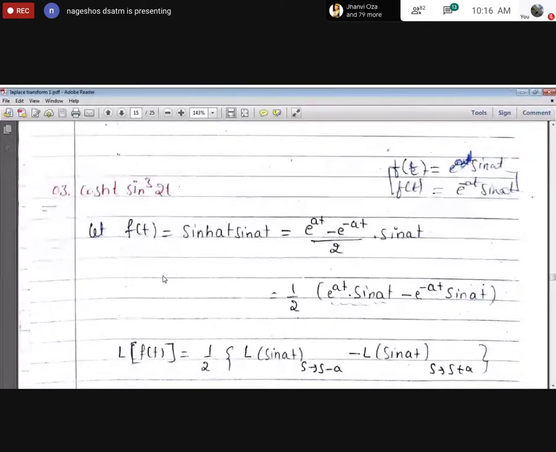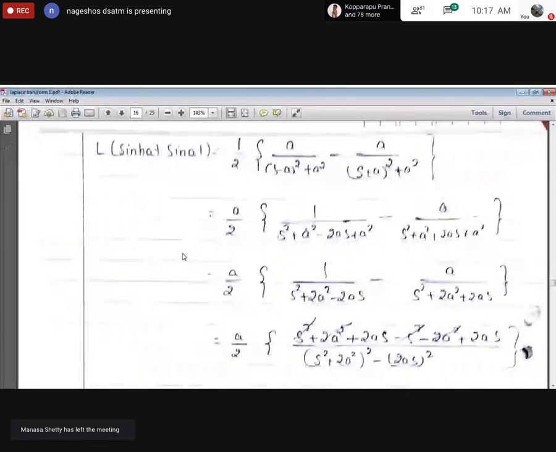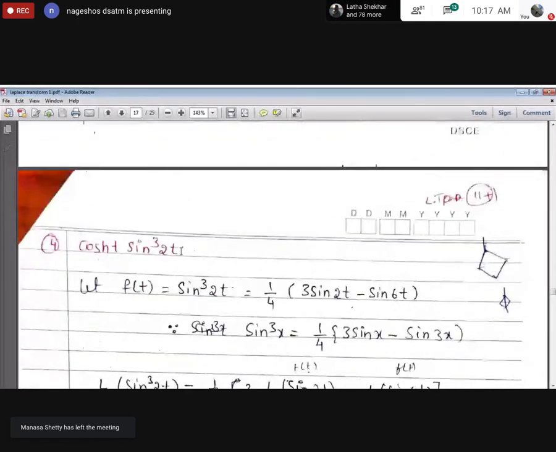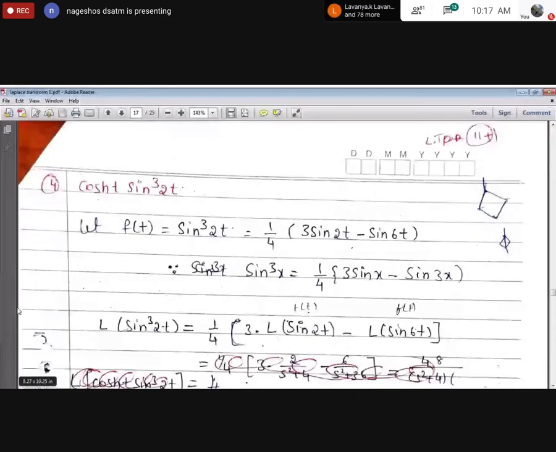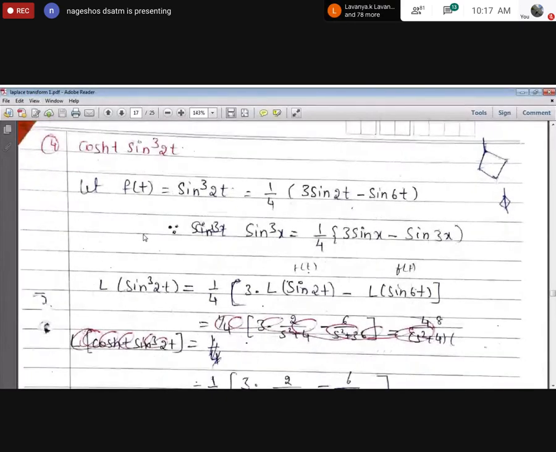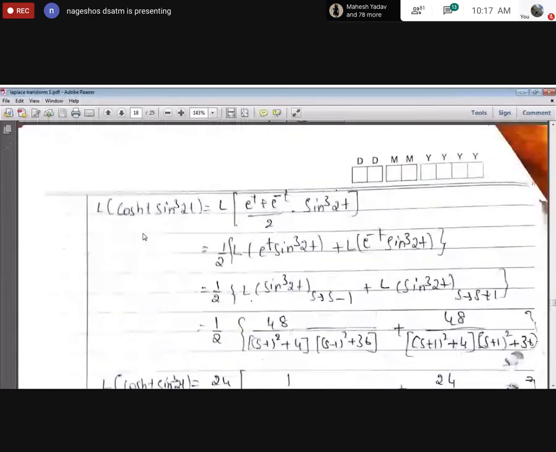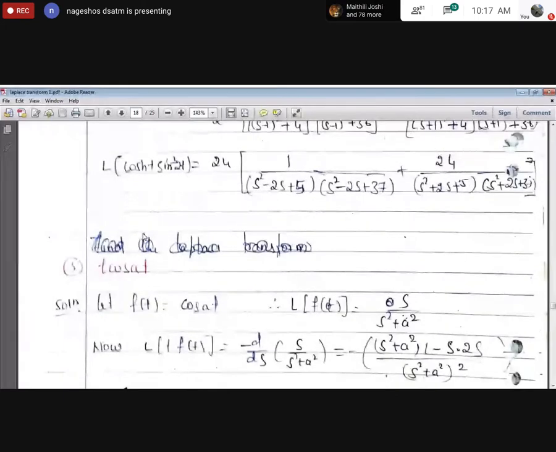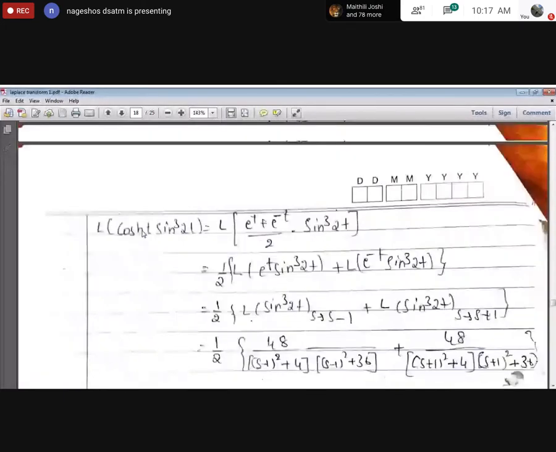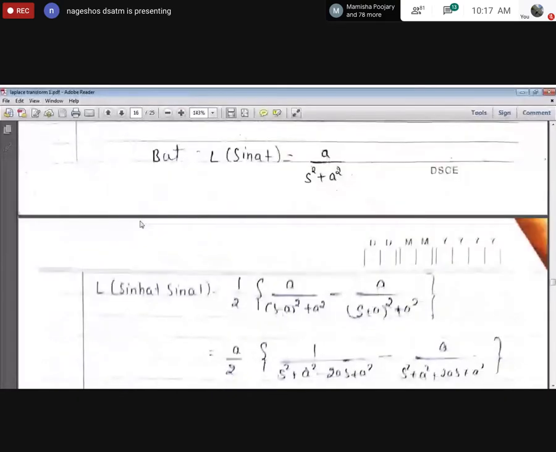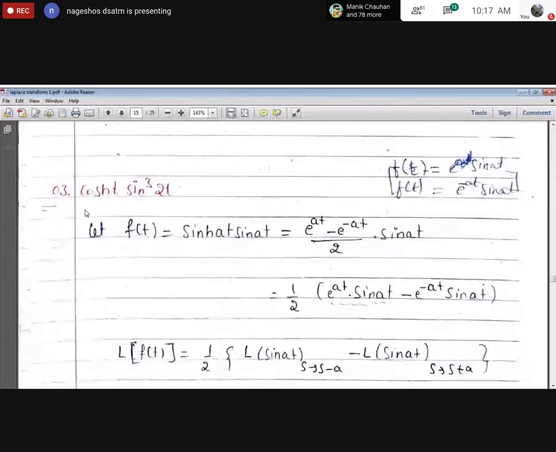Cos hyperbolic 2t means, first thing what we have to do, we have to write cos hyperbolic t as e power, wait, this is different problem. This problem, change this problem.